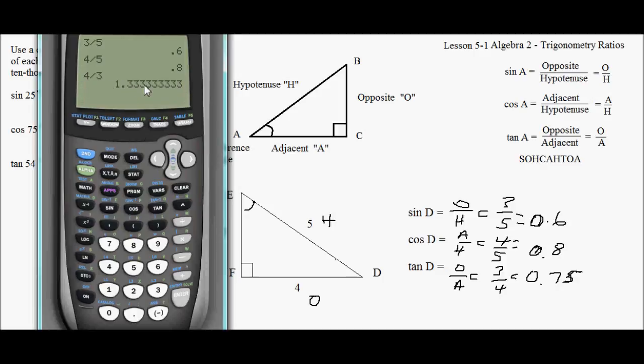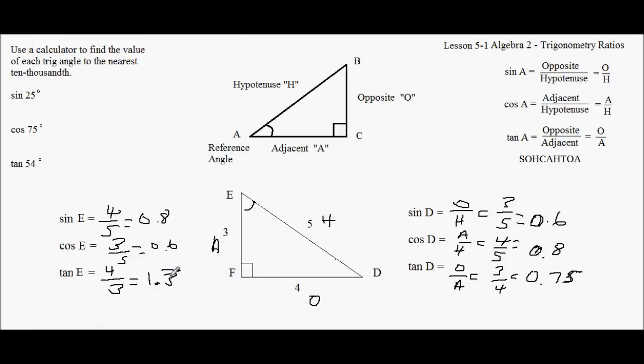I know 1/3 is always 3 repeating, and you can put a little line over the 3, which means it's repeating. So most of this exercise is figuring out the ratios with respect to a triangle.